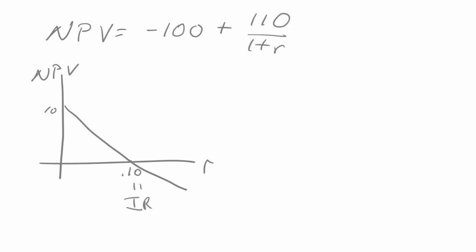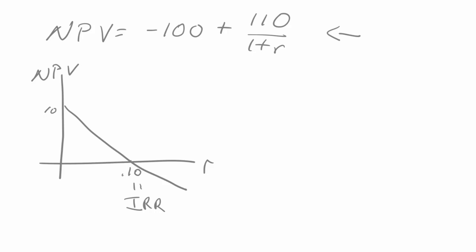But what I want you to realize from this graph is that if the NPV is greater than 0, for this case, namely when the NPV is given by this function, the IRR is above the discount rate.